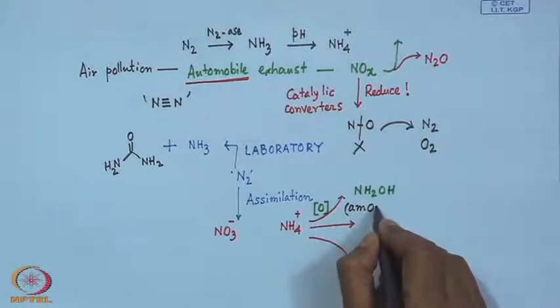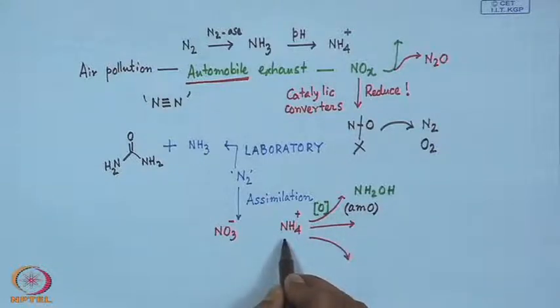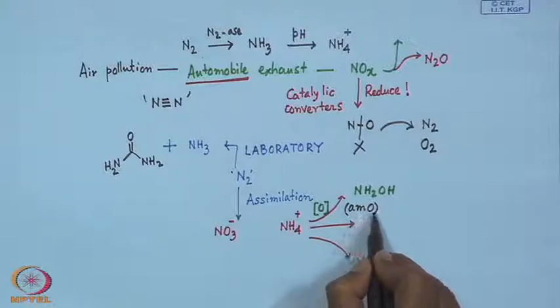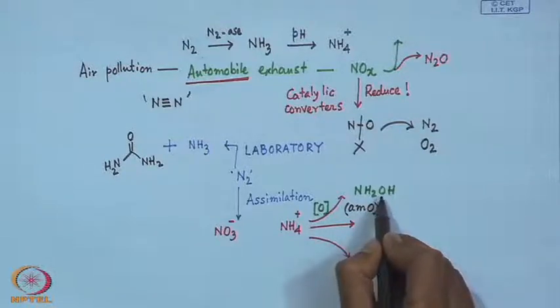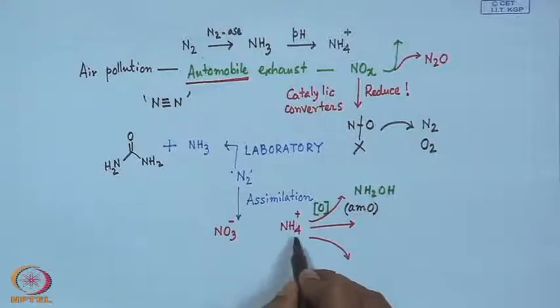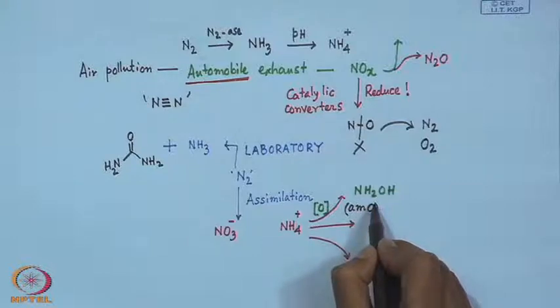The ammonium monooxygenase works on the ammonium ion, and since it is an oxygenase reaction, it inserts oxygen into the molecule, and the ammonia or the ammonium ion can very easily be converted to the hydroxylamine molecule.